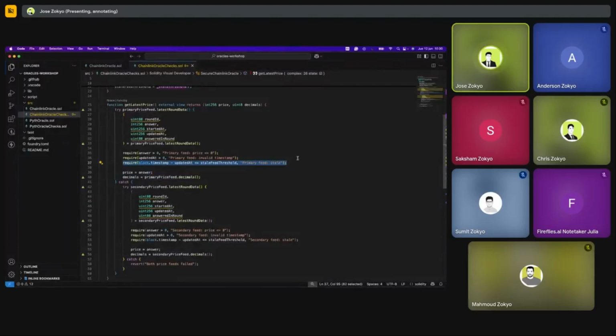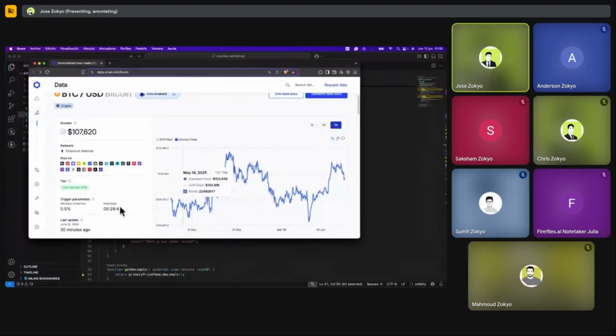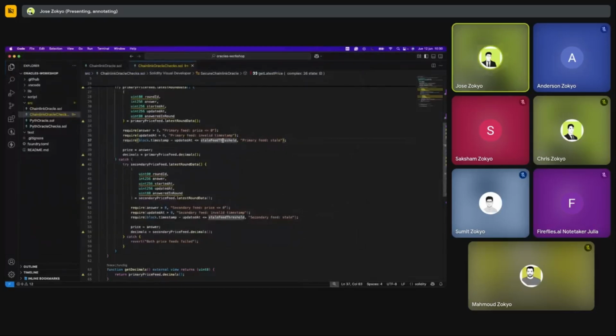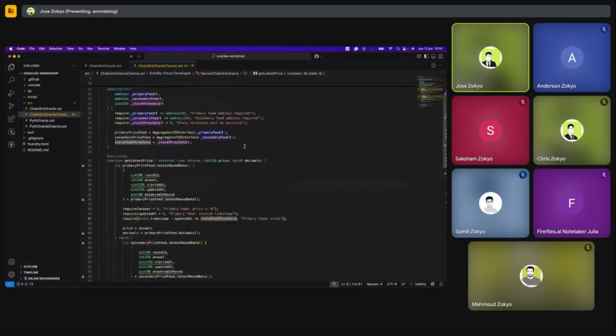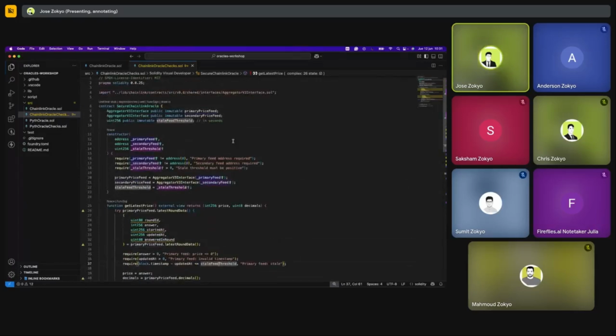Something to note is that the heartbeat for each price feed is different. You could have a price feed whose heartbeat is close to half an hour, and another whose heartbeat is like 10 minutes. So if you have a protocol implementing calls for price feeds of different assets, you should have different staleness thresholds in your protocol, not the same one for all the price feeds.